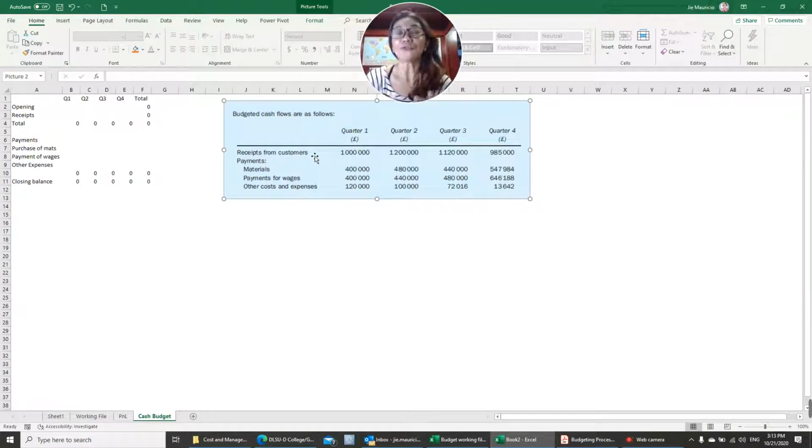Okay, so I'm overemphasizing the importance of cash budget, operating cash flow, because these are the things that are mostly overlooked by the management accountants. But this is even more important than your P&L, because I really believe that a sale is not a sale unless it is collected.